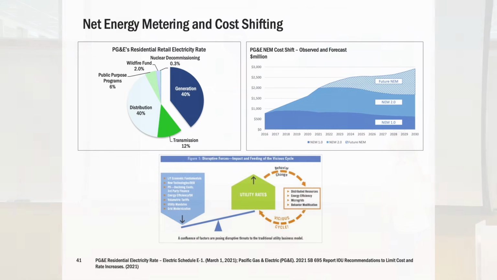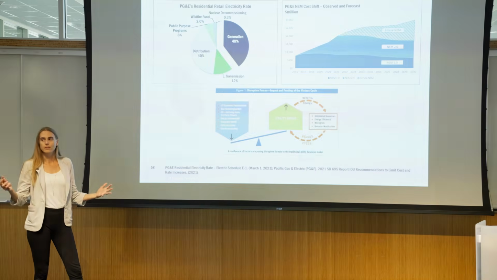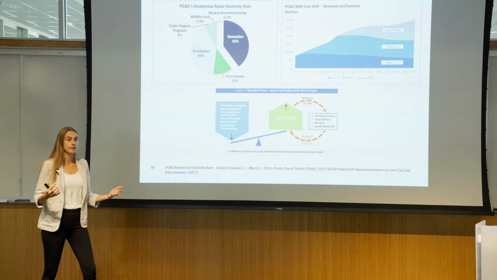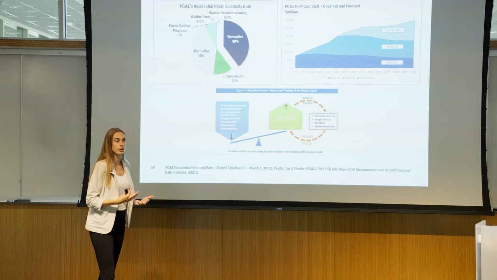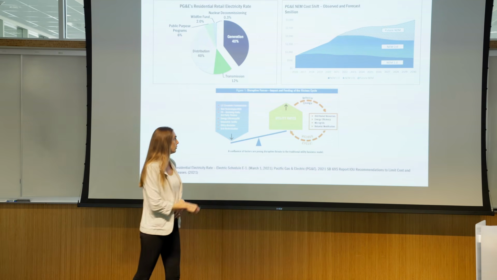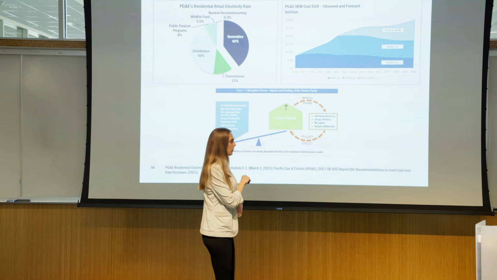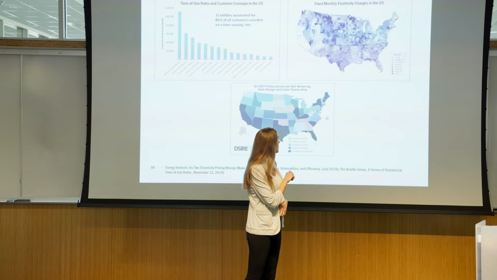So this dynamic of utilities not being able to recover their full costs has resulted in people talking about the utility death spiral, and is the reason why we see a lot of changes in utility rate designs around net energy metering. And if you guys have been following it in California, there have been huge wars around changing net energy metering in order to correct this inequitable subsidy.